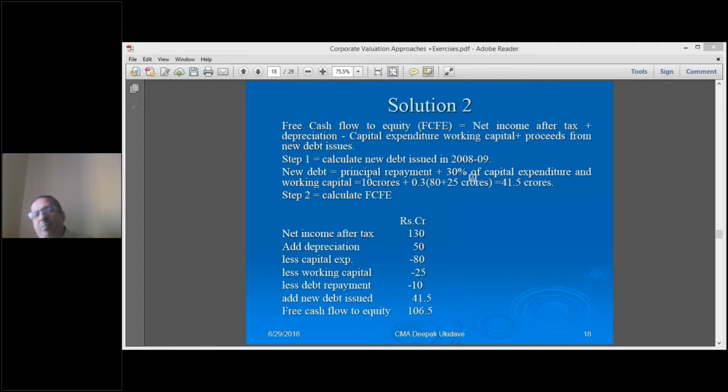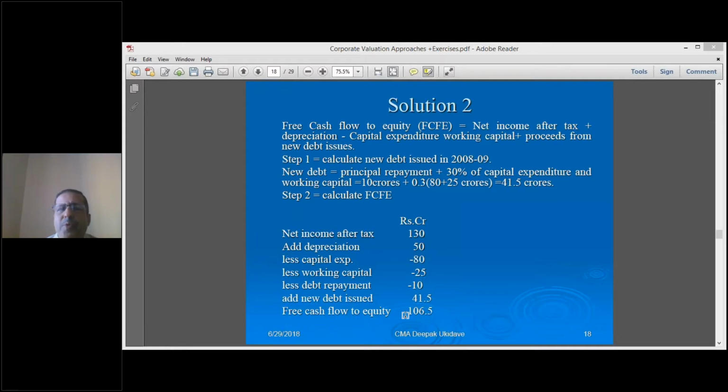Capex is 80, working capital is 25, so 30% of 80 plus 25 plus 10 crore, that is 41.5 crore. So new debt raised will be 41.50 crore, and new debt raised will increase the cash flow, therefore we have added 41.5, and that is free cash flow to equity, 106.5.